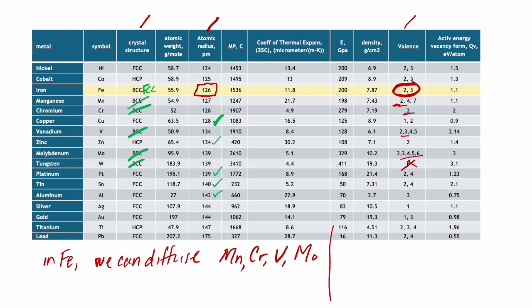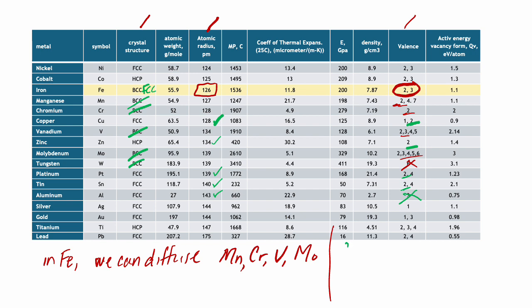Okay, so then if we look here, copper can have a valence of 2. Zinc can have a valence of 2. Platinum and tin can have a valence of 2, but aluminum has a valence of 3, so it can't diffuse.